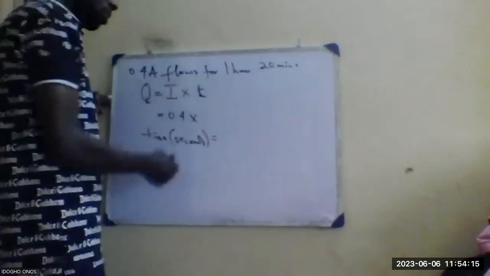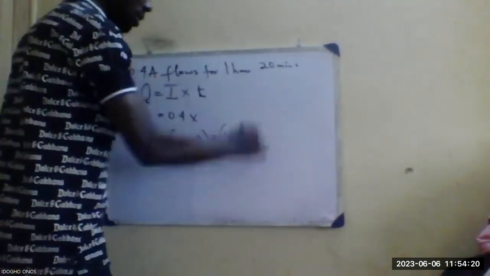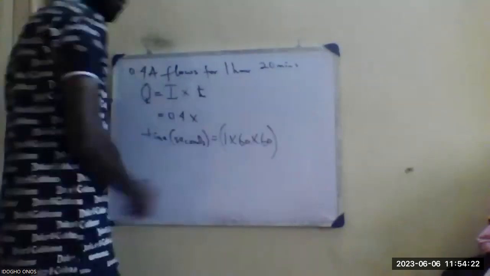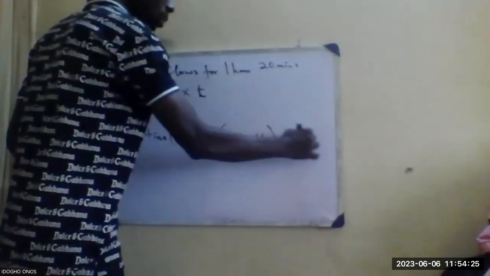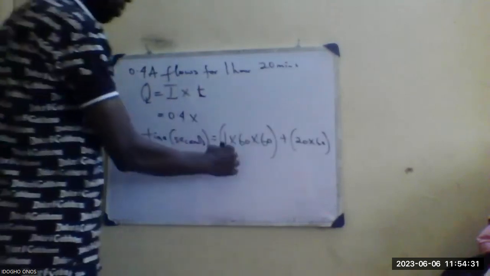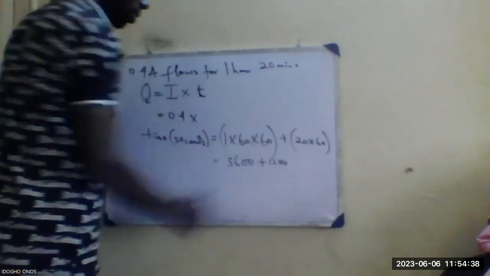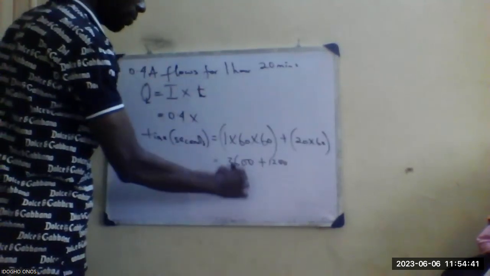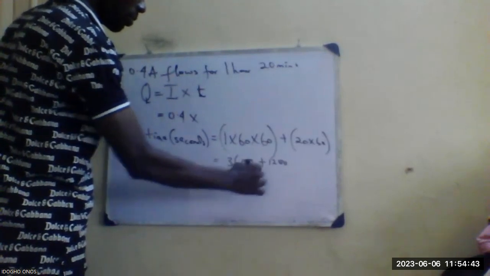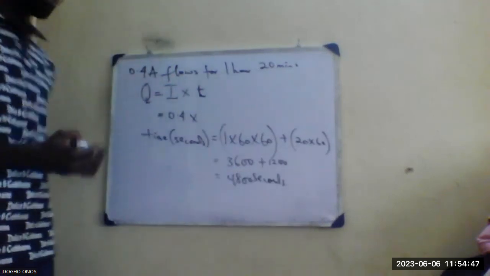Then 80 times 60, or I can do 1 times 60 times 60, plus 20 times 60. This gives 3,600 plus 1,200, which adds up to 4,800 seconds. That is my time.